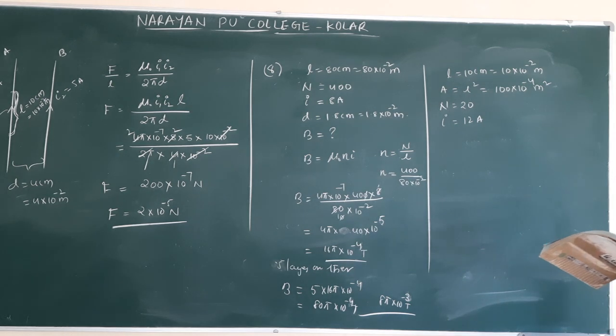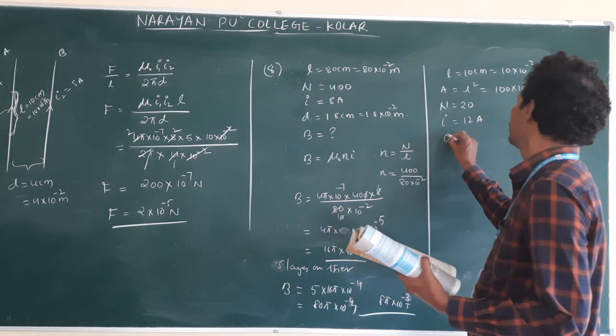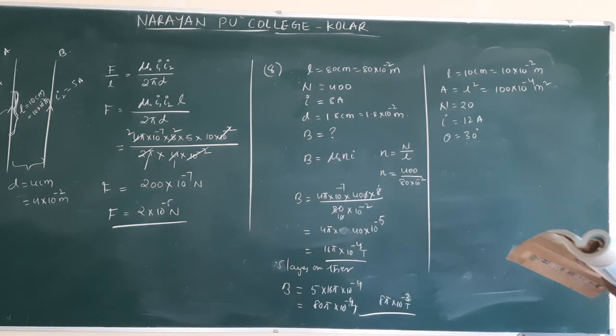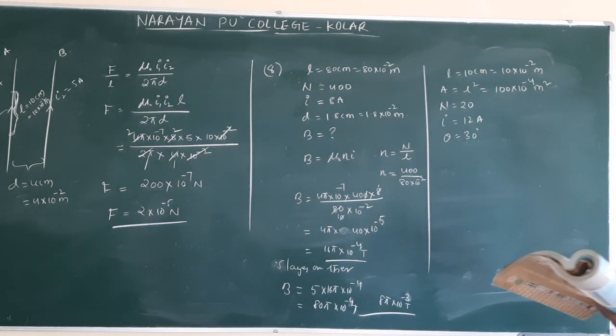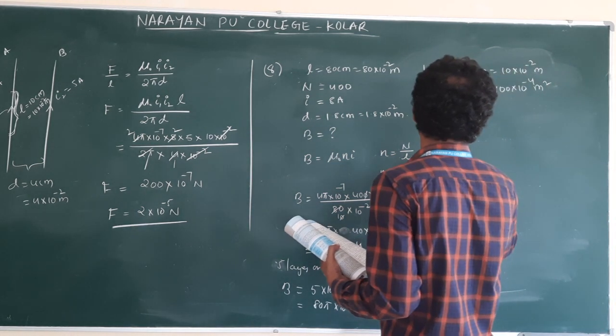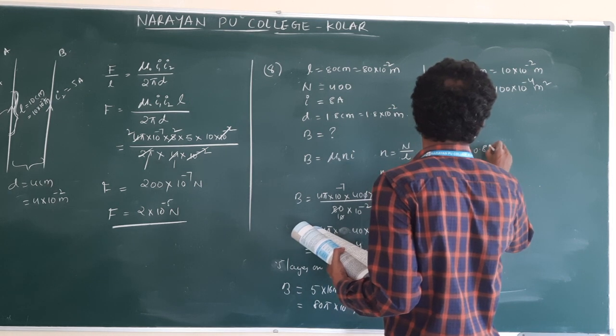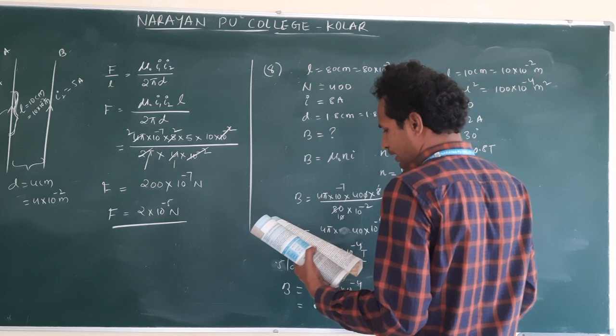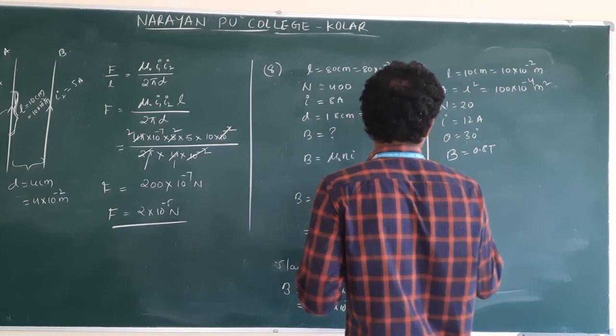The coil is suspended vertically and the normal to the plane of the coil makes an angle theta is equal to 30 degree with the direction of uniform horizontal magnetic field B is equal to 0.8 Tesla. And what is the torque experienced by the coil?